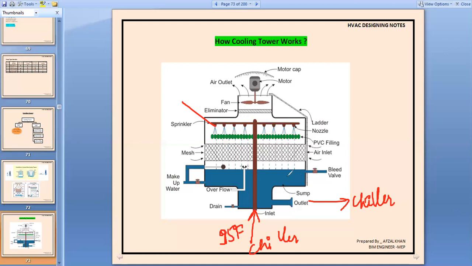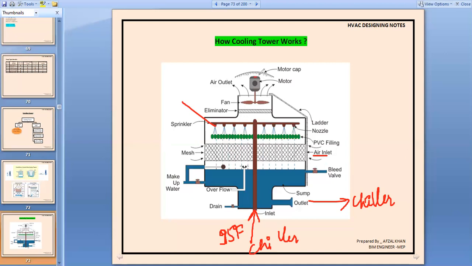Okay, so after this, you see this is the wire mesh. The purpose of this wire mesh is for the air inlet. Because in this whole cooling tower equipment, what are the components we have?